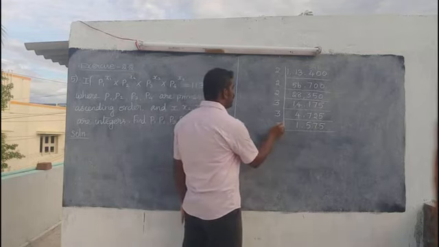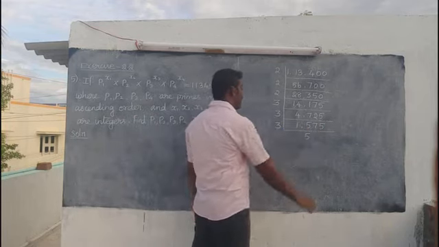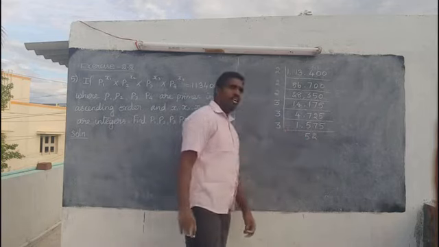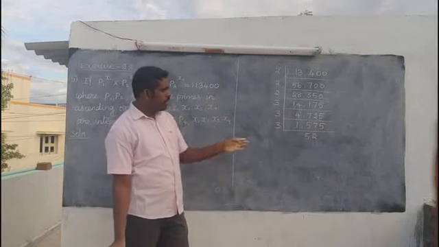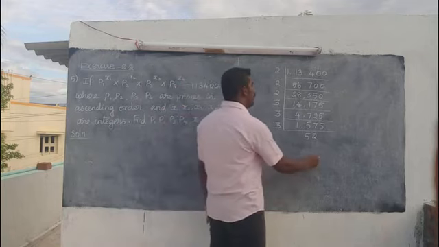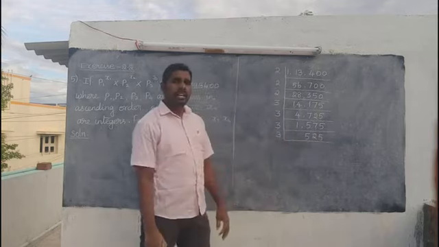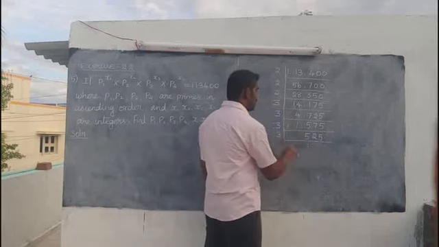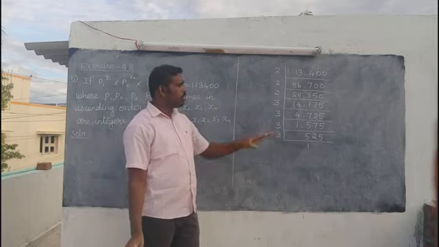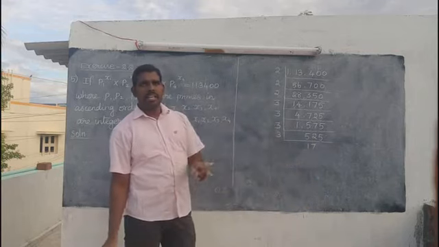Now we again divide by 3. In 15, 3 goes 5 times. The next one is the number 7. In 7, 3 goes 2 times, 2 threes are 6, remainder 1.